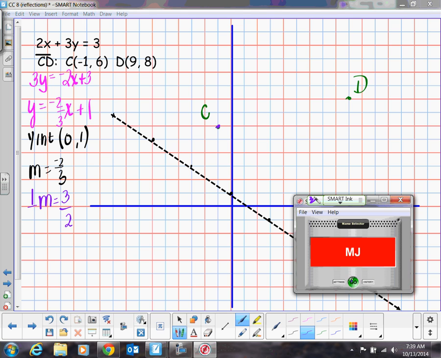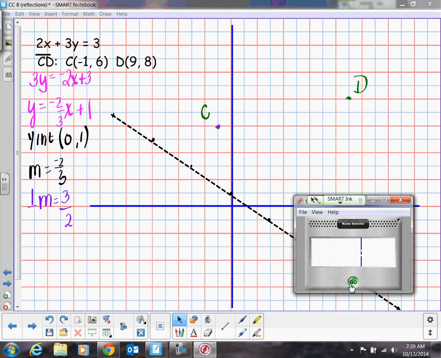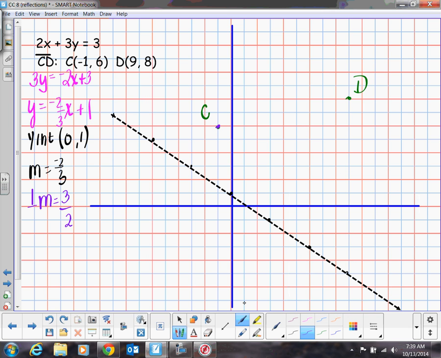So from here, what are we going to do? Let's do C first. Eric? We're using our slope of 3/2. So would you go up 3, right 2?